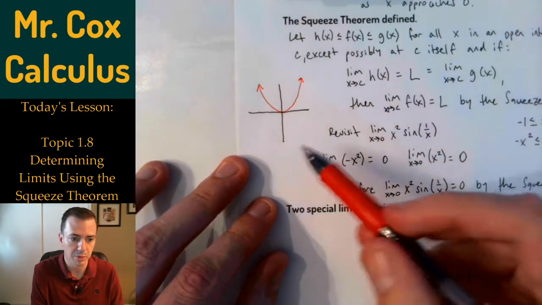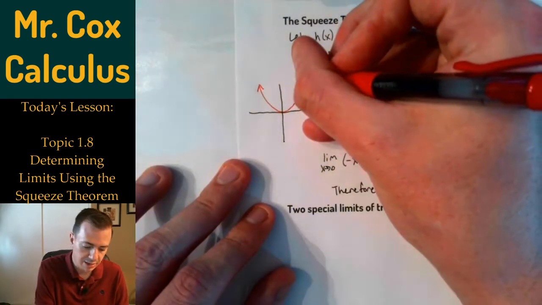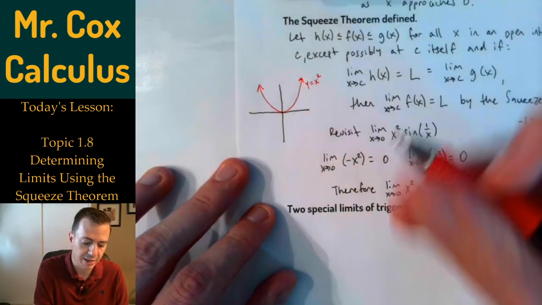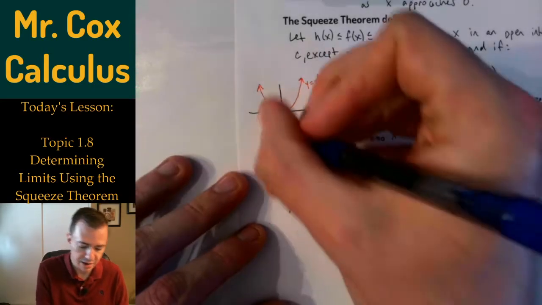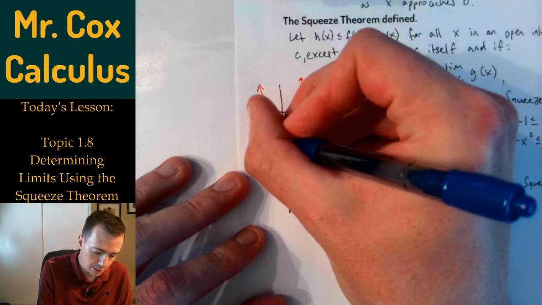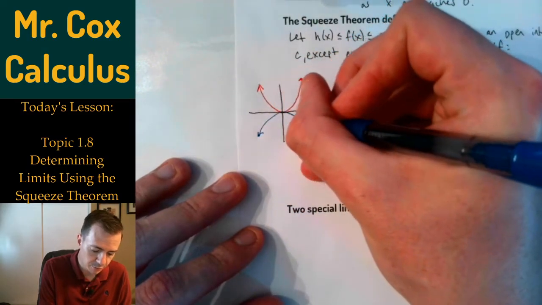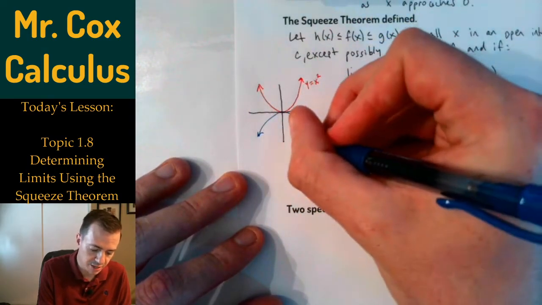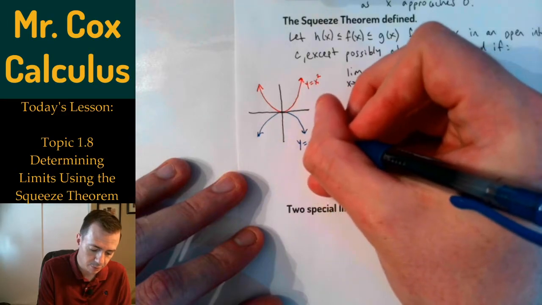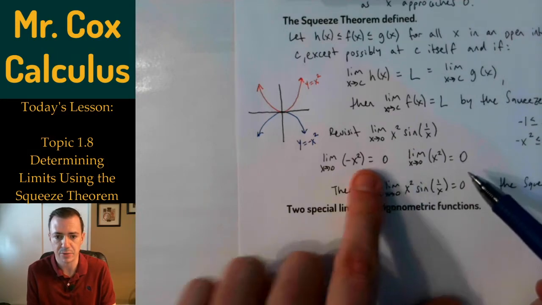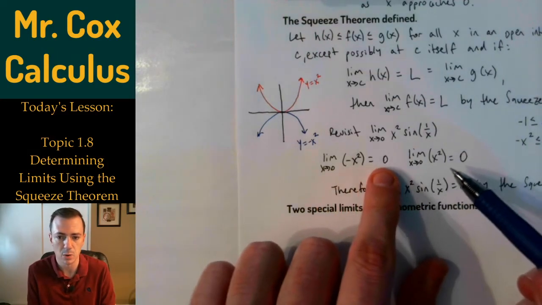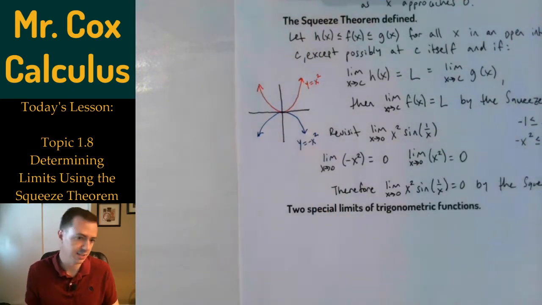It's a parabola with vertex at the origin. I can say that is y equals x squared. I can also say that the lower bound, which was negative x squared, is the same function, just reflected across the x-axis. And you can see the limit as x approaches 0 of those two functions goes through the origin because that's where the vertex is.